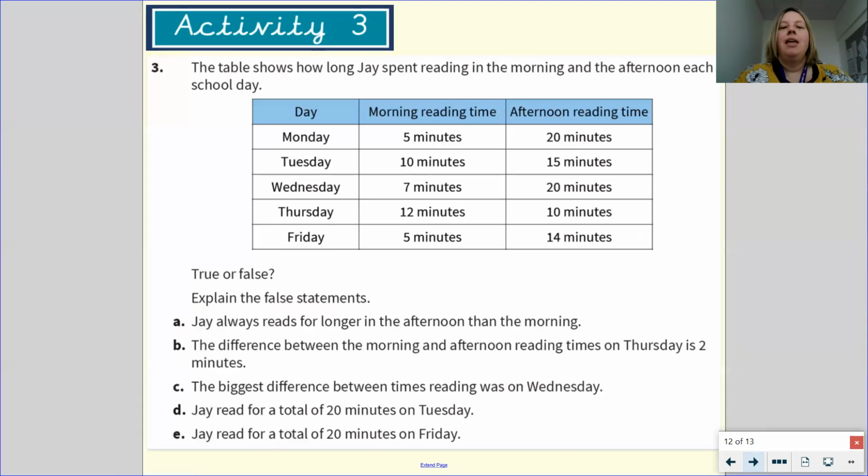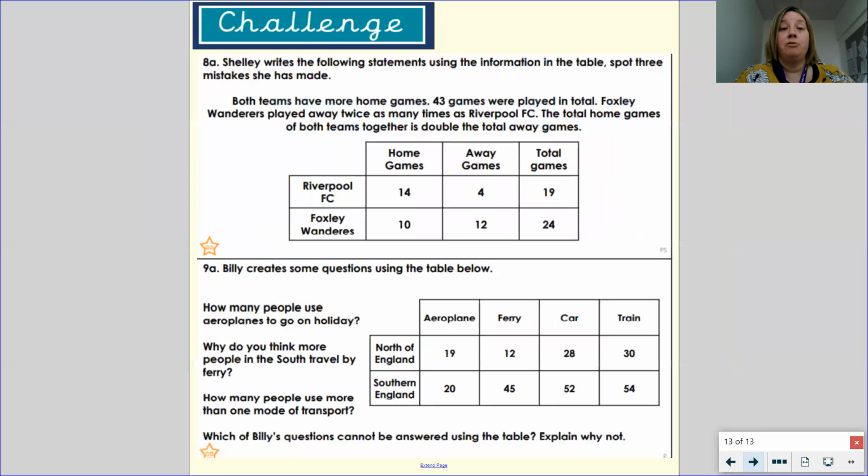Activity 3. The table shows how long Jay spent reading in the morning and afternoon each school day. True or false? And if it's a false statement, you've got to explain why it is false. Then your challenge questions. Shelley writes the following statements using the information in the table.